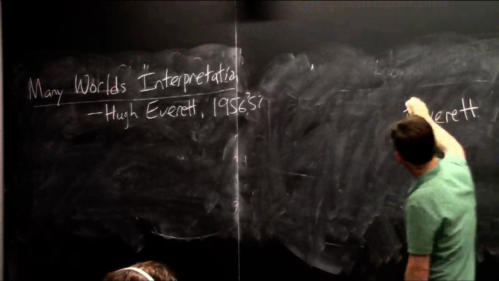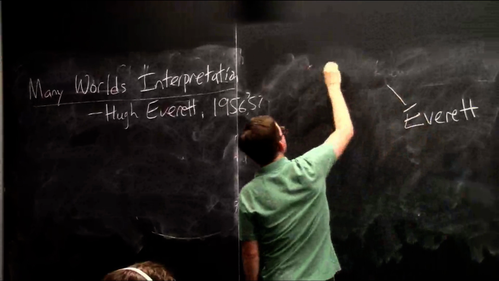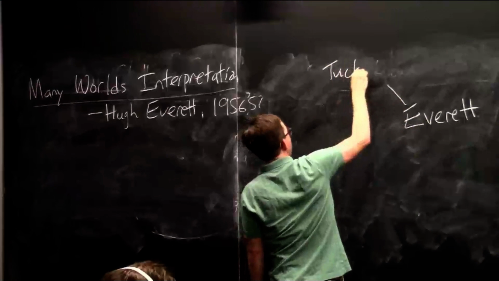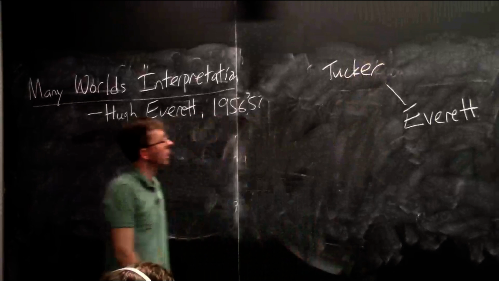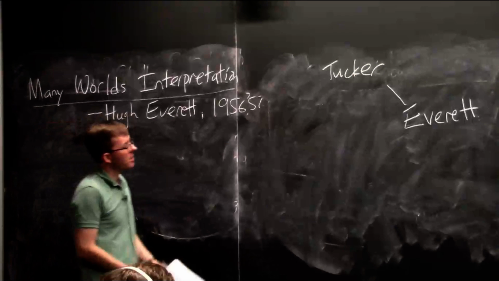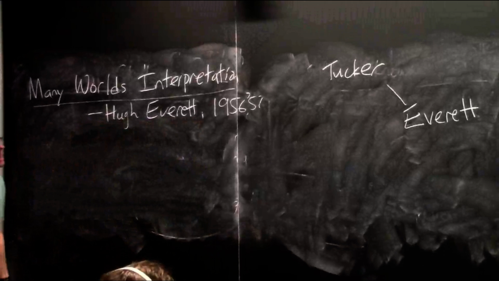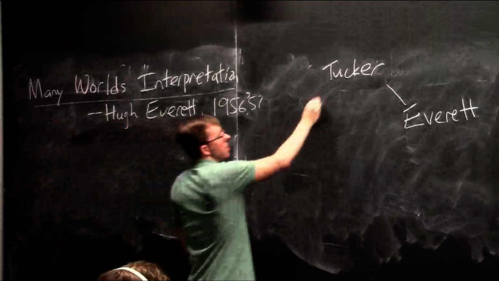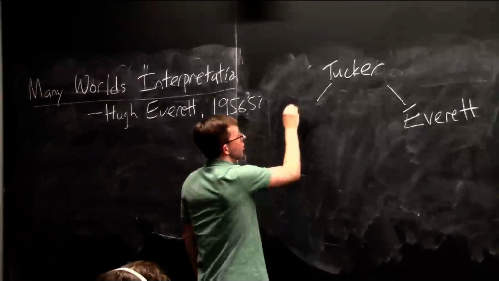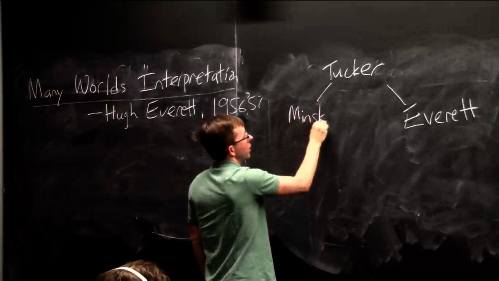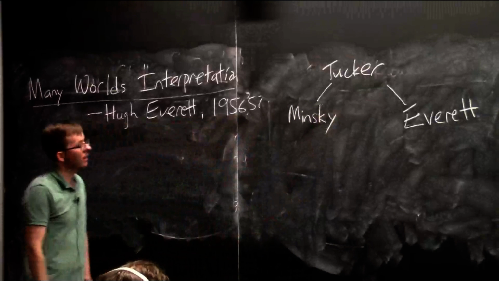Actually, he got his master's with a person called Tucker. He's a mathematician, but kind of a proto-computer scientist, maybe. His master's thesis was about military game theory. And I say proto-computer scientist because one of his PhD students was the famous Marvin Minsky, a sort of founder of AI.